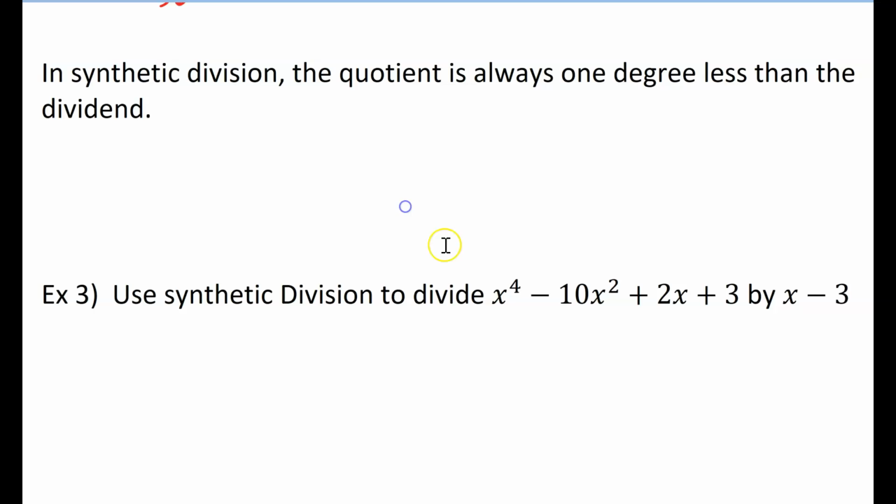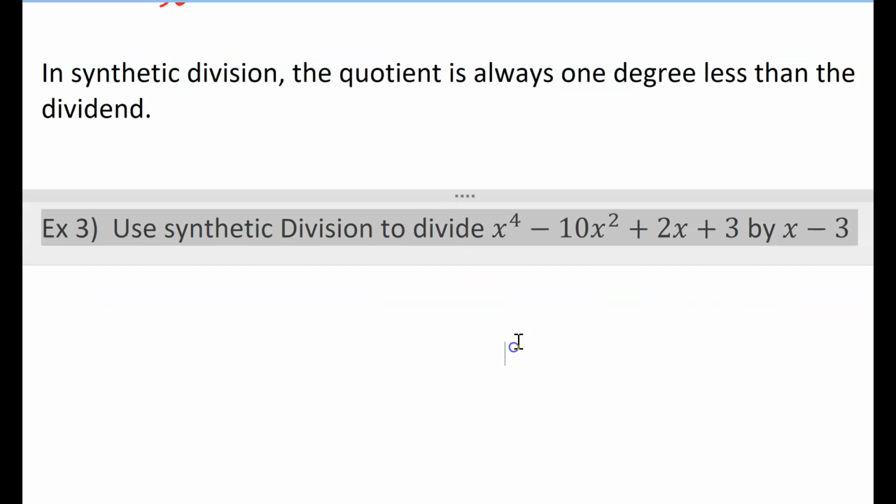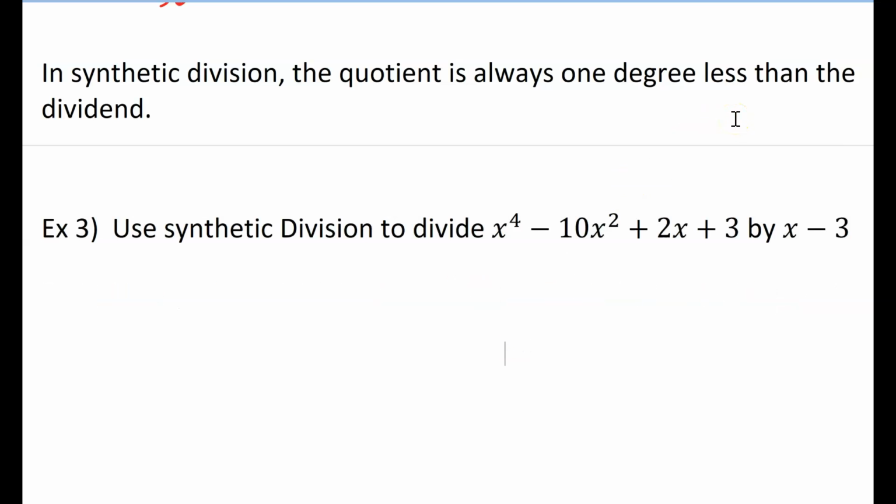Okay, so let's look at this one. I'm not going to write every step out in this one. We're just going to go through it a little bit quicker. Again, can we use synthetic division on this one?